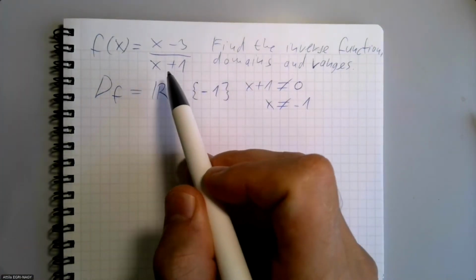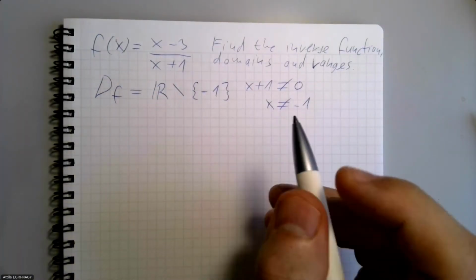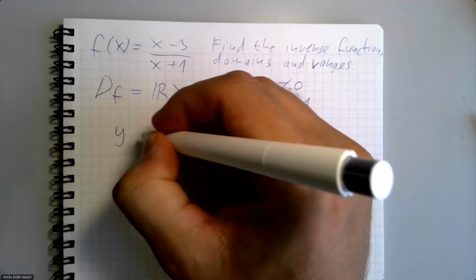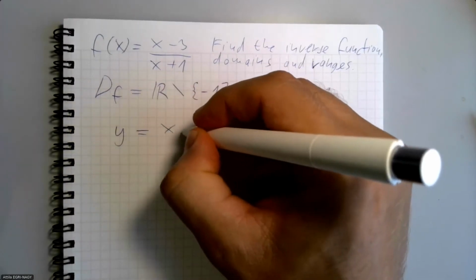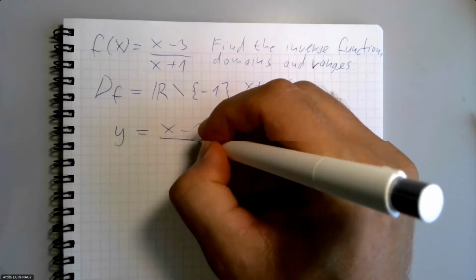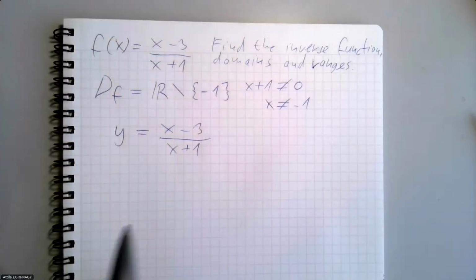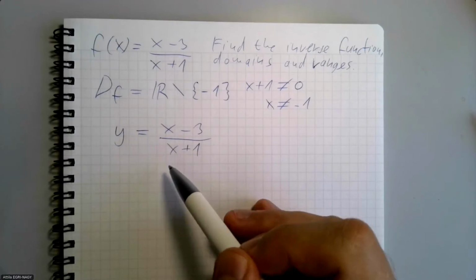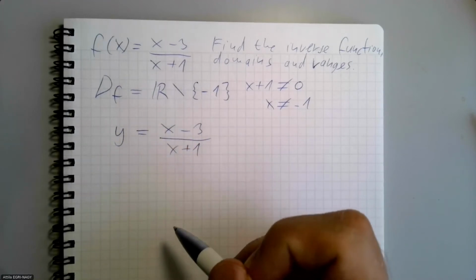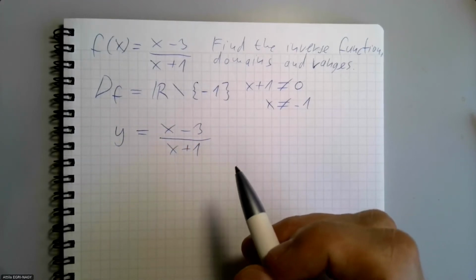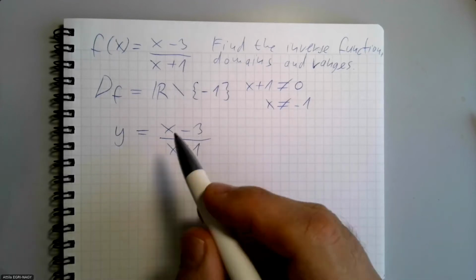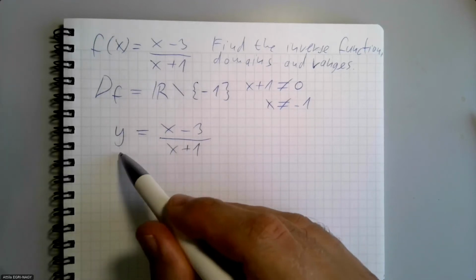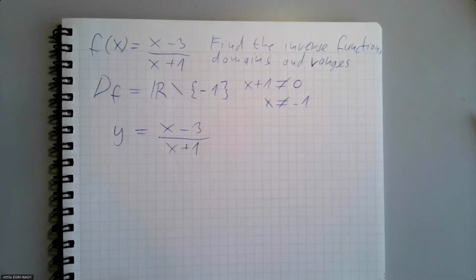So the inverse function is basically just the idea that if I produce y from x using this formula, then I just want to reverse this relationship. Instead of producing y, given y, I want to go back to x.